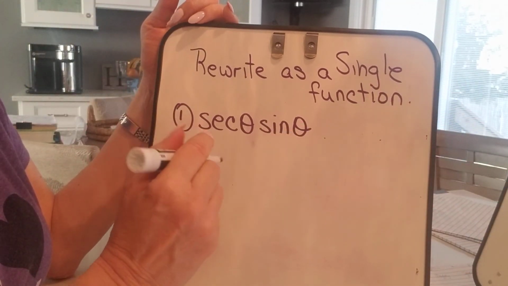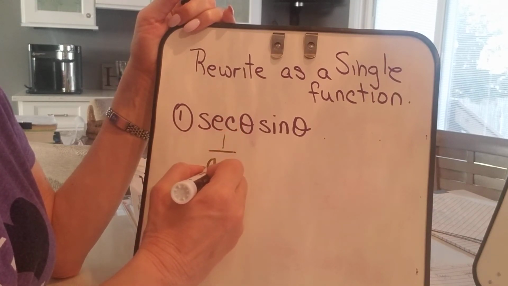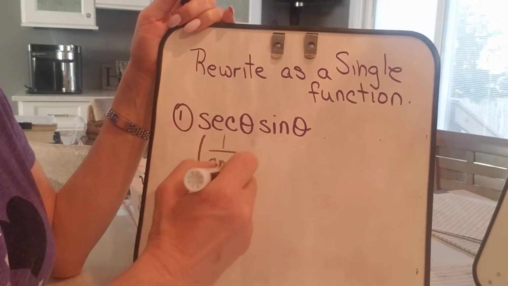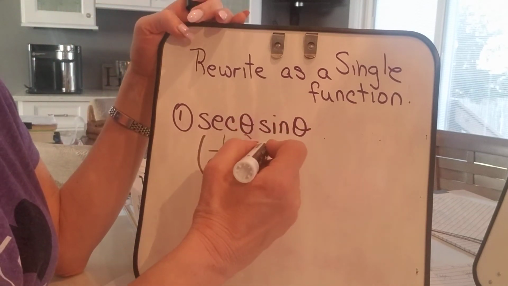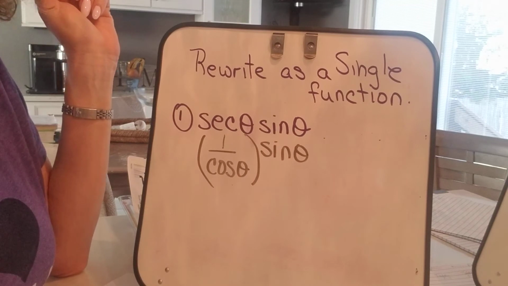I know secant technically is 1 over cosine of theta, right? They're each other's reciprocal. Now, when you have two things butt up against each other like that, that implies multiplication. So multiply by sine theta.